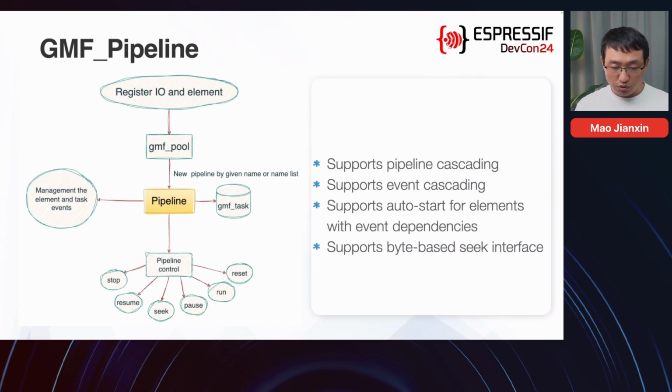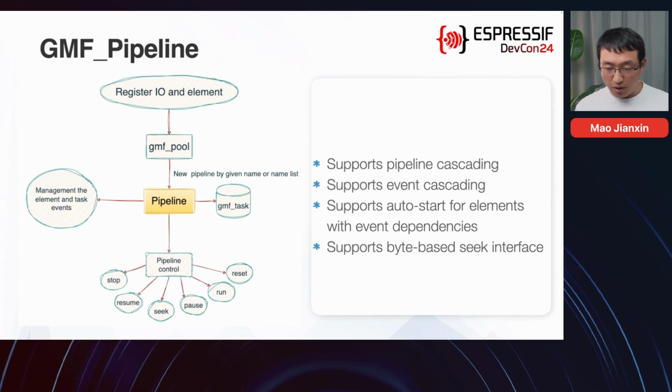GMF pipeline supports pipeline cascading, allowing one pipeline to connect to another, with events from one pipeline cascading to the downstream pipeline. It also supports the sequential startup of event-dependent elements.